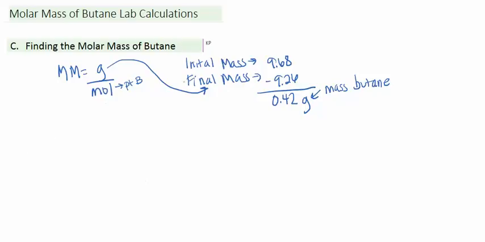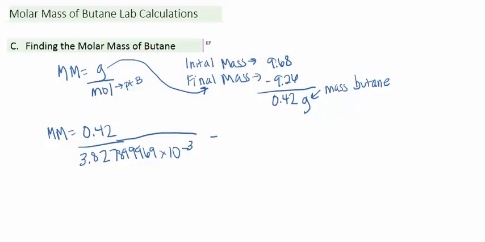So the molar mass is going to equal 0.42 divided by my moles, which was this long, for the last slide, 3.827899969 times 10 to the negative third moles. When I divided that, I got 109.7207355. The molar mass is my final answer.